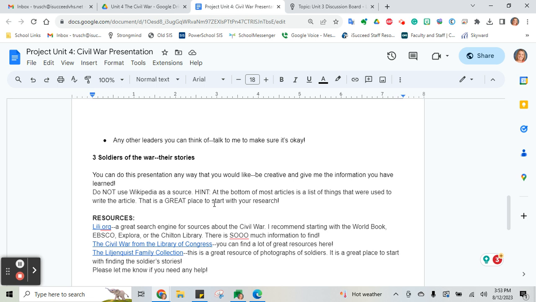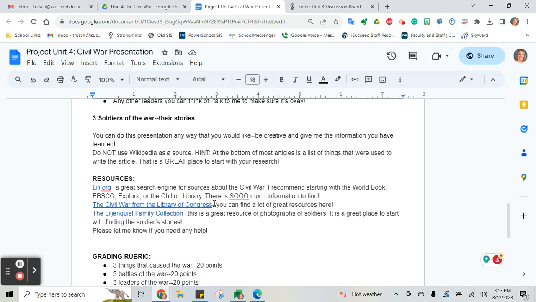I remember one of the things that we went to when we were on this trip. There are so many things that I want to tell you about right now. The Lillenquist family collection has all of these pictures of Civil War soldiers, and the idea at this time was that you would die the good death.